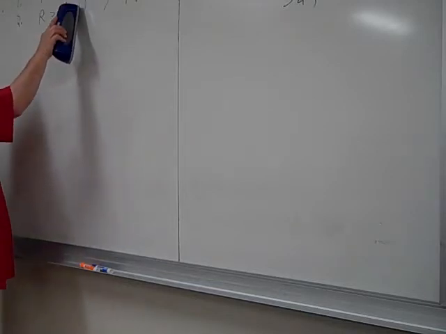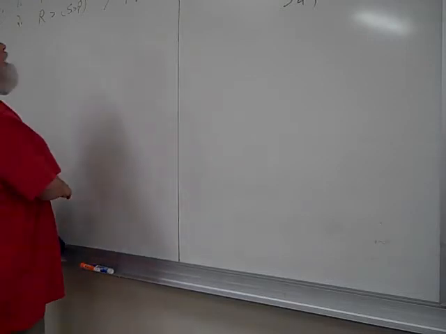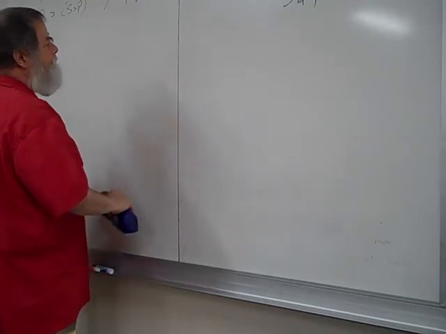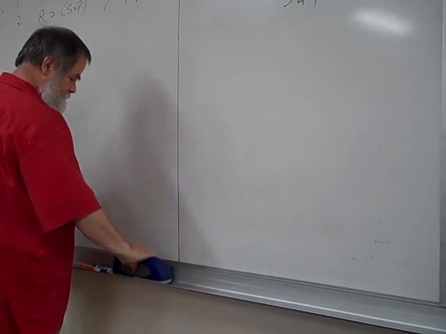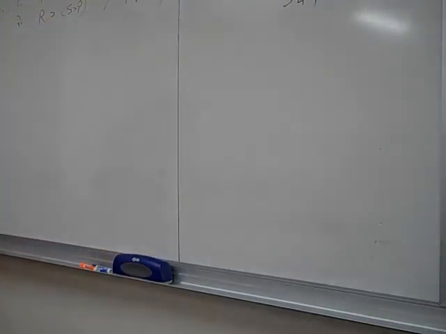If T then R and S. If R then S and P. Ooh, if S then P. And then P or not T. Ooh, or Q. We've got this. P or not T. So P or not T or Q.